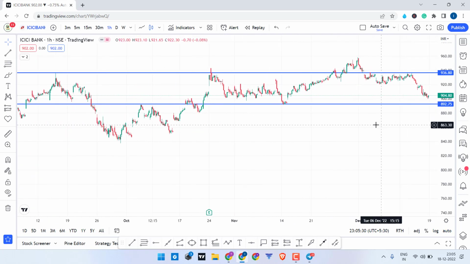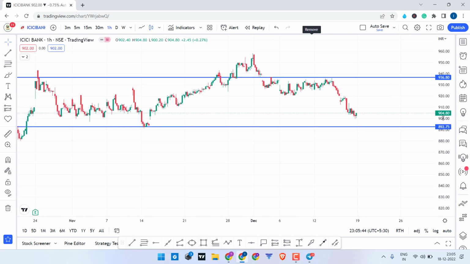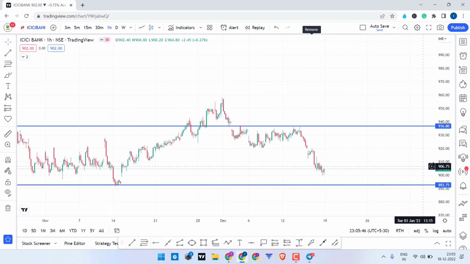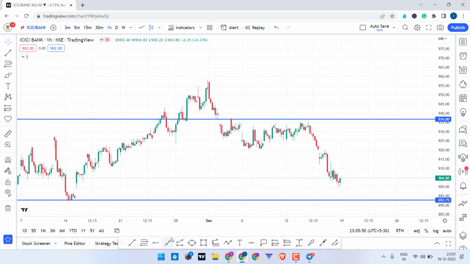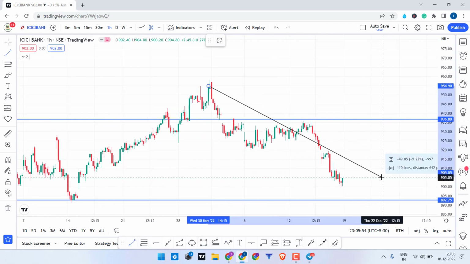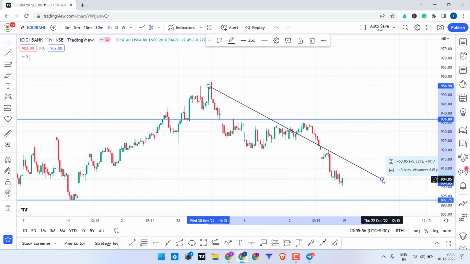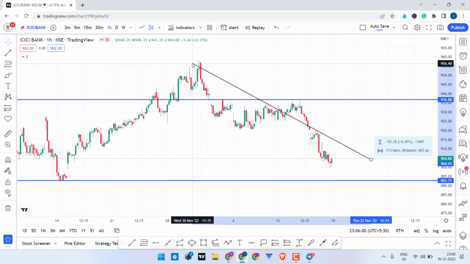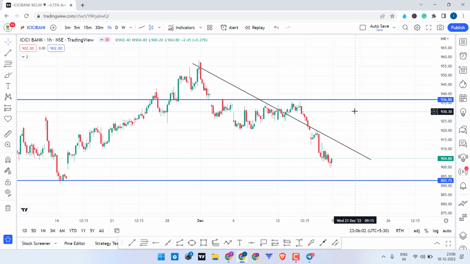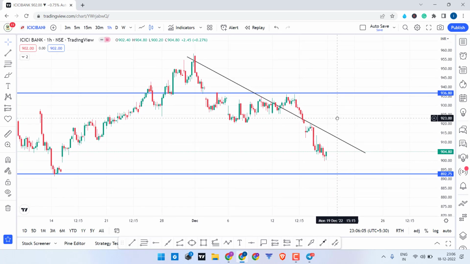So in the hourly time frame, if I zoom in, we can draw a trend line here like this. Did I get multiple touch points? Yes, right. So if you see here, it's completely in a downtrend.